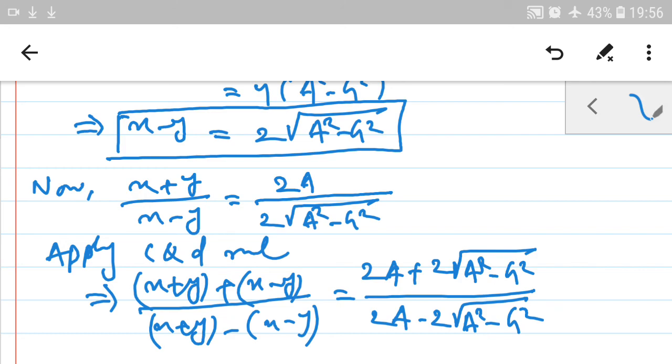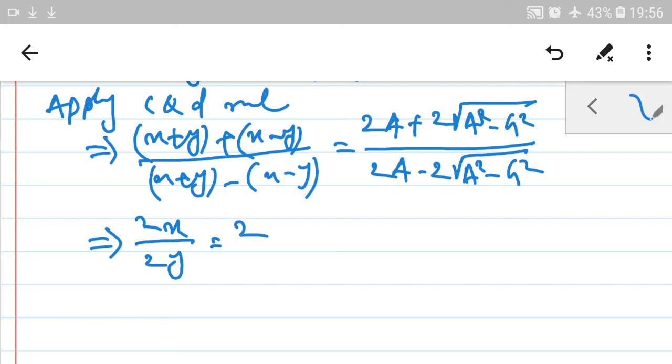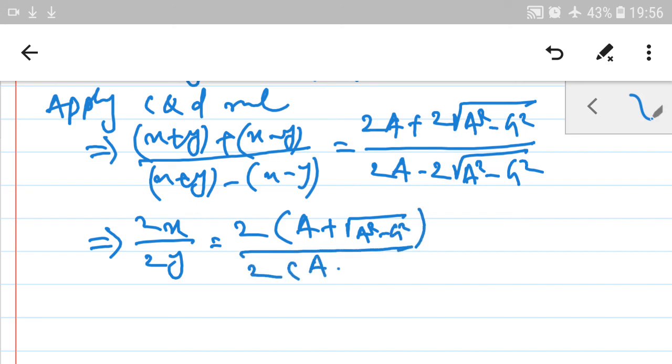So simply if I solve it, then I get here 2x by 2y is equal to, I can take 2 common, this is A plus under root of A square minus G square divided by 2 whole into A minus under root of A square minus G square. Okay, then 2 getting cancelled, here also 2 getting cancelled.